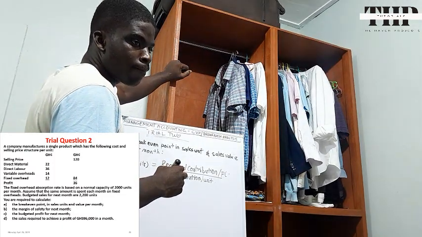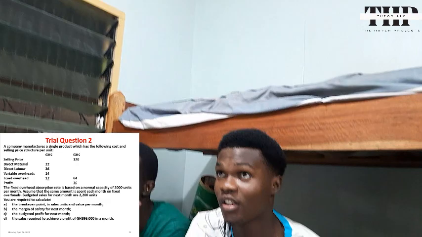You have been given the selling price to be 120, and they have calculated direct material, direct labor, variable overhead, and then fixed overhead to give you 84 in the question. So 120 minus 84 gives you 36.